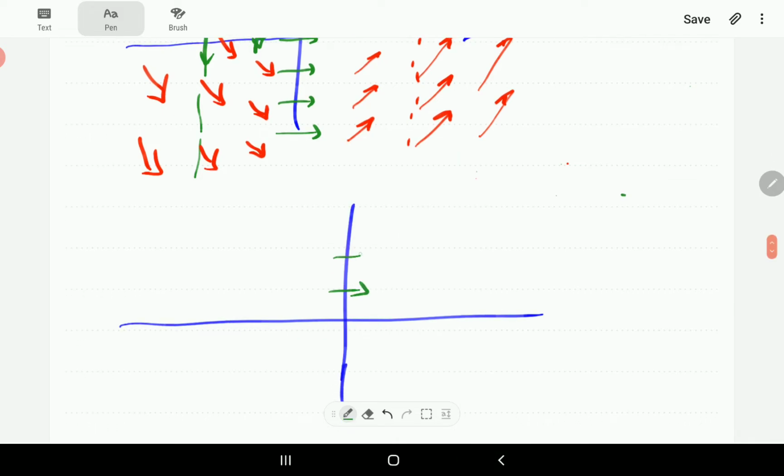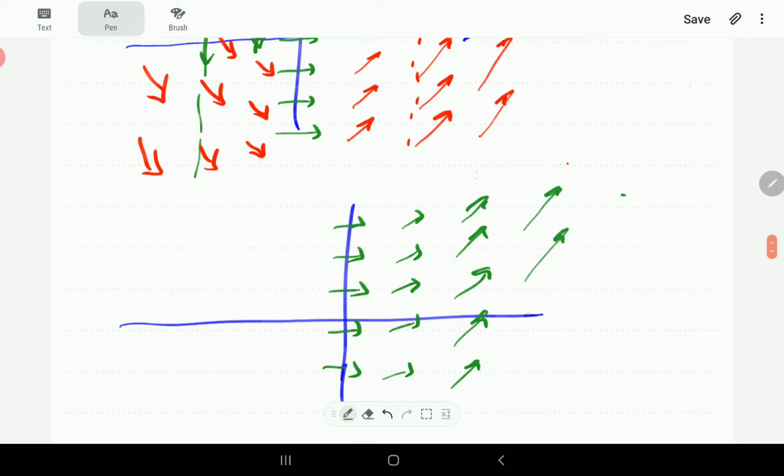So along here, nice and horizontal, then starts going up a bit, and then as you go further away from the origin, the magnitude is going to increase, and the angle of inclination is also going to increase.